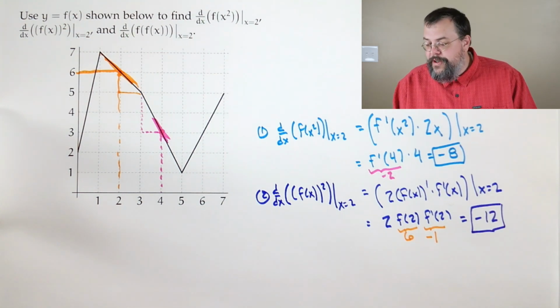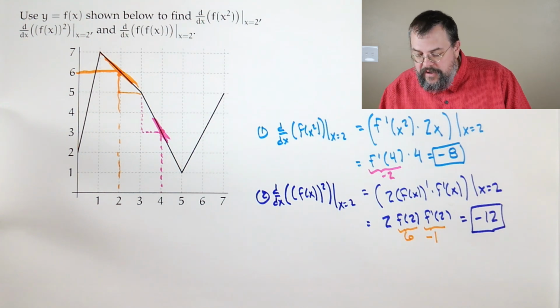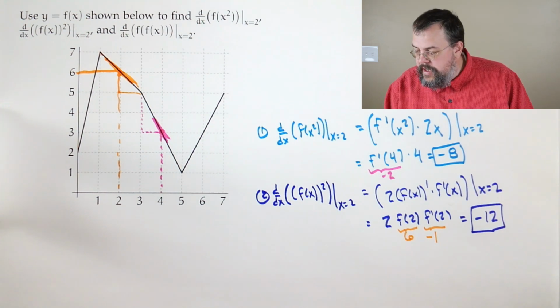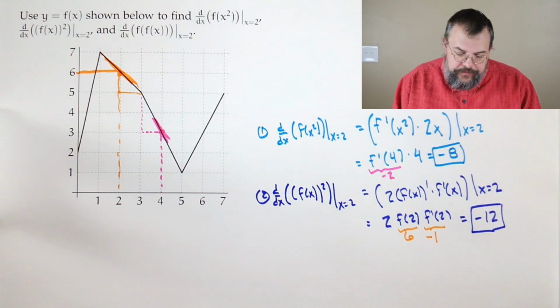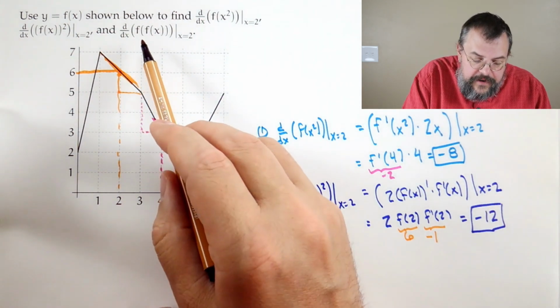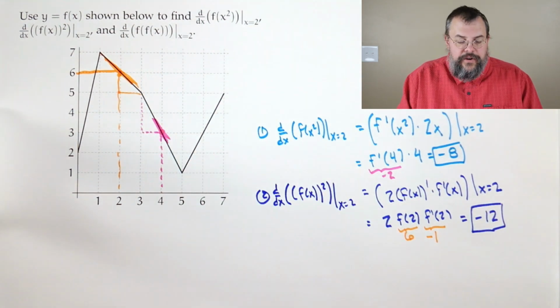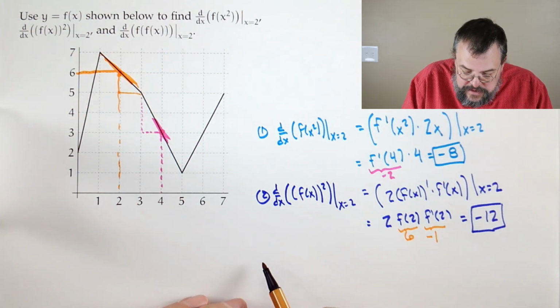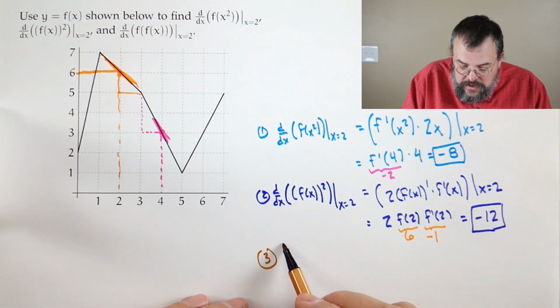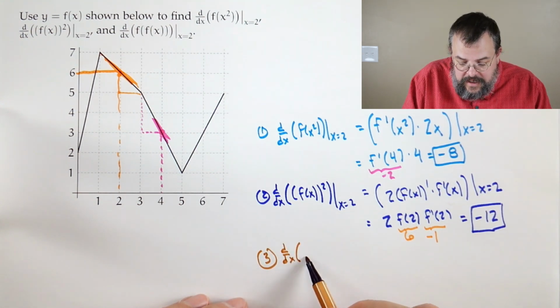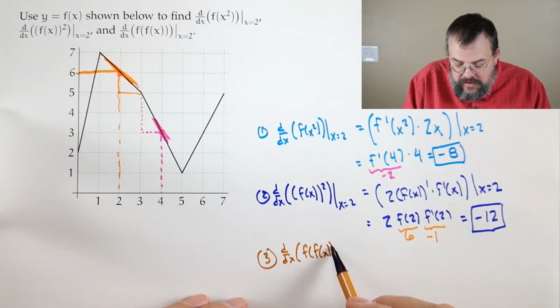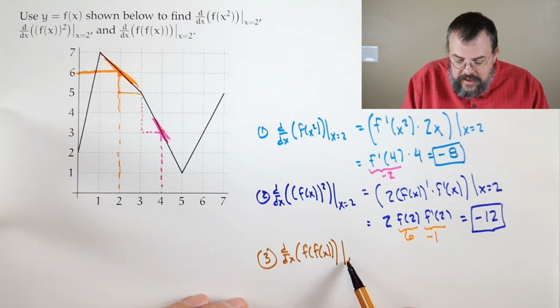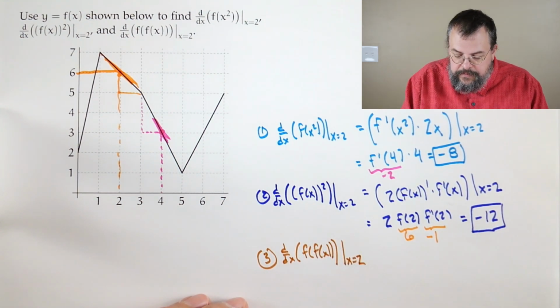All right, what's our last one? Our last derivative to take. Well, it's f of f of x. Okay, cool. So what do we have? We're going to do the derivative of f of f of x, and again, at x equals 2.